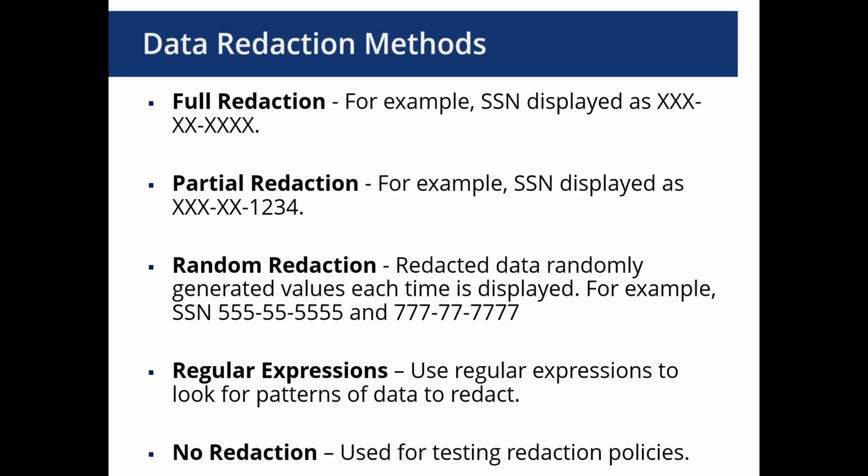A full redaction would be, for example, a social security number: you would see X's everywhere, versus a partial, which you could do either the first three, the middle two, the last four. Oracle redaction also gives you the ability for conditional redaction based upon who and other variables.